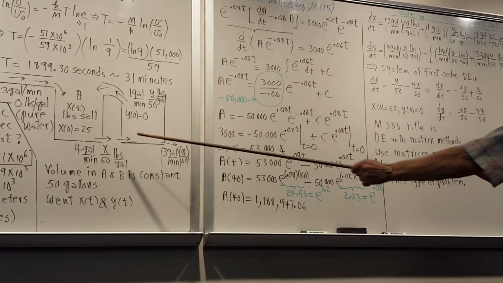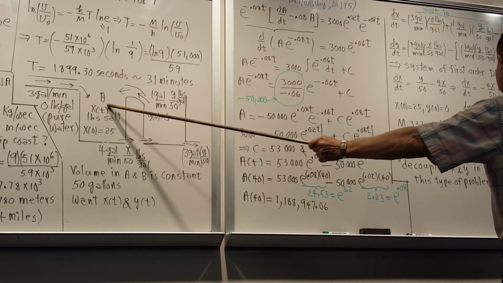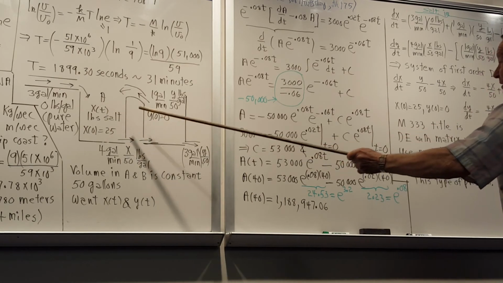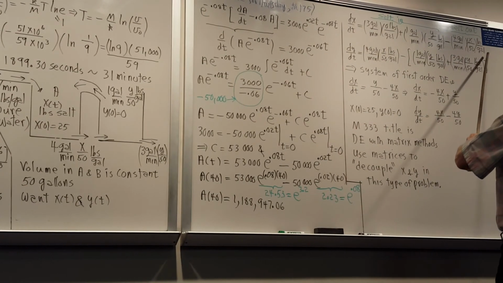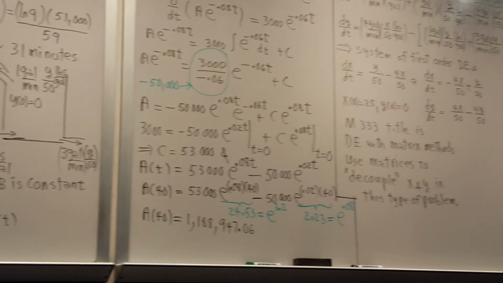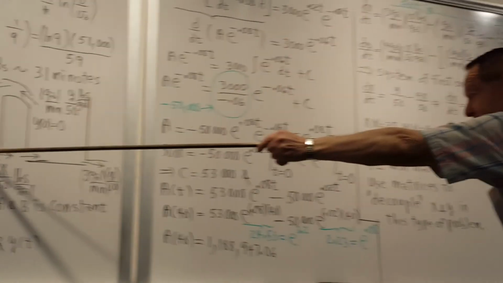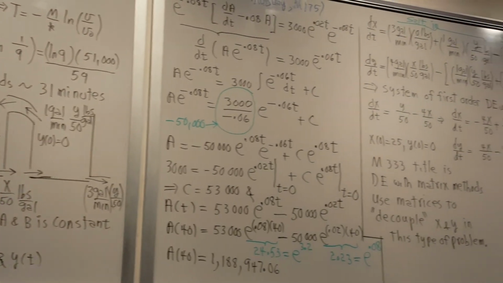And then what's going out is down here, which would be the 4 gallons per minute and the x over 50 pounds per gallon. There's 50 gallons of brine, which continues to be 50 because it's 4 in and 4 out.